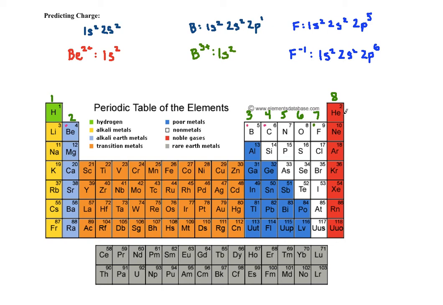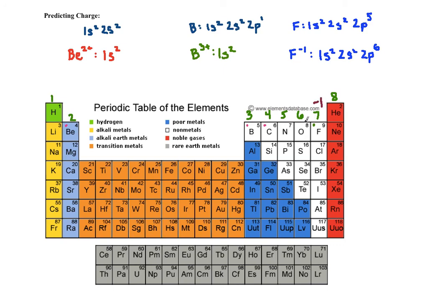A good way of thinking about it, if you're just doing it quickly in your head, is that elements either want 8 valence electrons or no valence electrons. Fluorine can either gain 1 to get 8, or it can lose 7 to go back to this 8, or if you just want to think about it in your head, have 0 valence electrons. It's going to be easier for this to gain 1, so it's going to have a -1 charge.